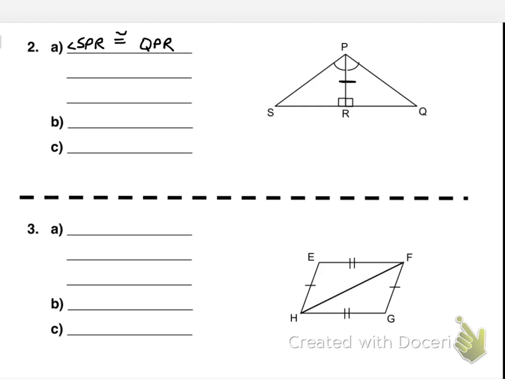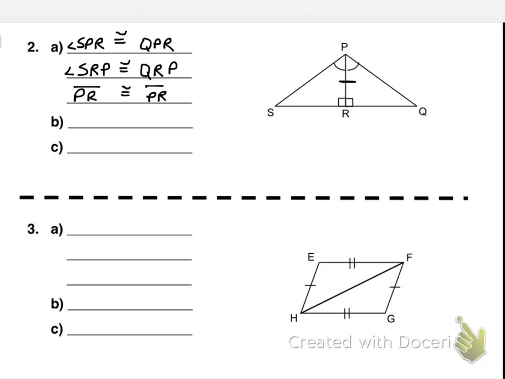We know that angle SRP, that's the right angle, is congruent to angle QRP. And we know that line segment PR is congruent to itself, line segment PR.